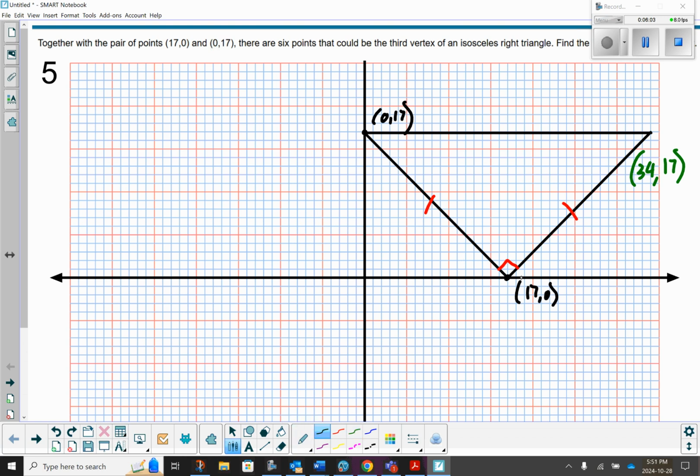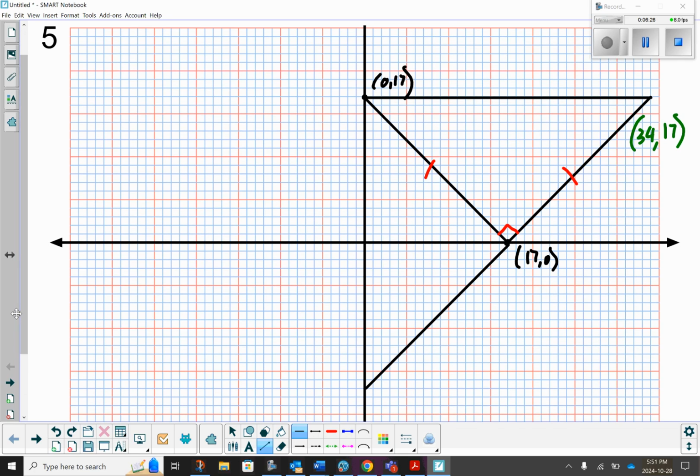Well, who says we have to go up and to the right? Couldn't we get the same exact result if we went 17 spaces straight down and then 17 spaces to the, well, gee, that one's not too tough because that ends up right there on our y-axis.